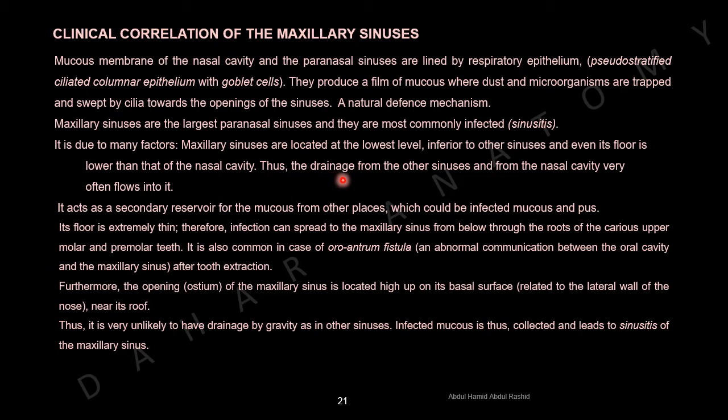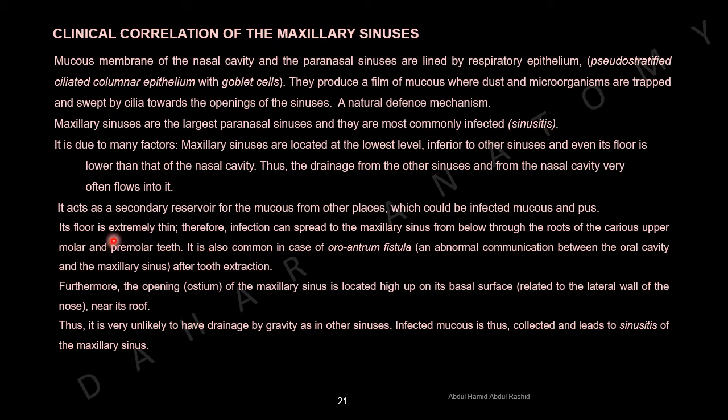Therefore, the drainage from the other sinuses and from the nasal cavity very often flows into it. It acts as a secondary reservoir for the mucus from other places, which could be infected mucus and pus.